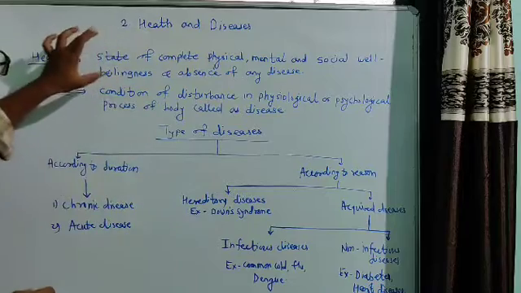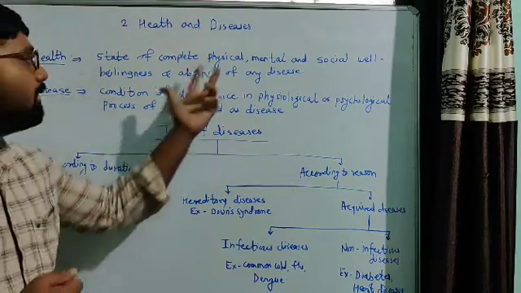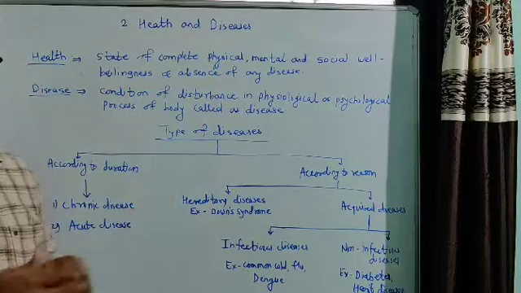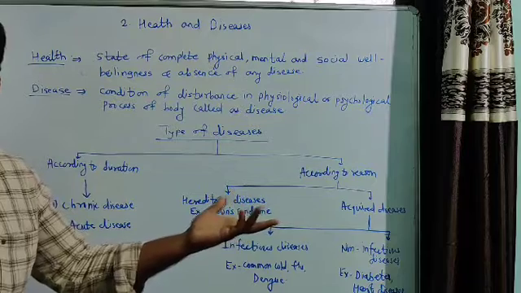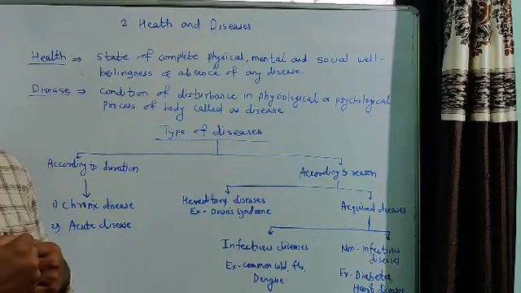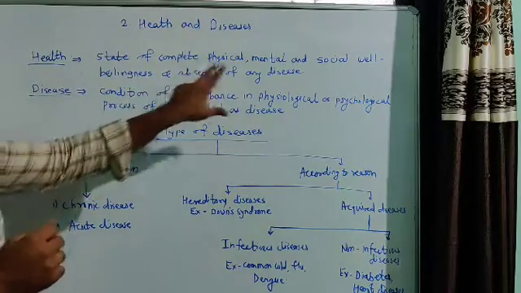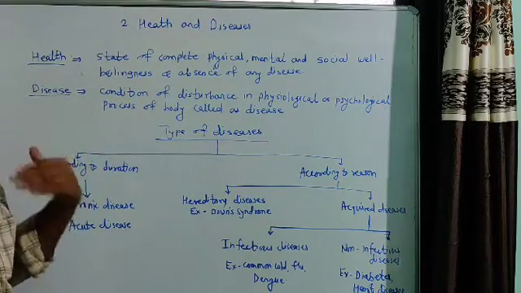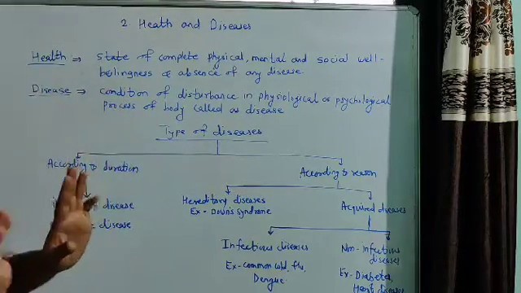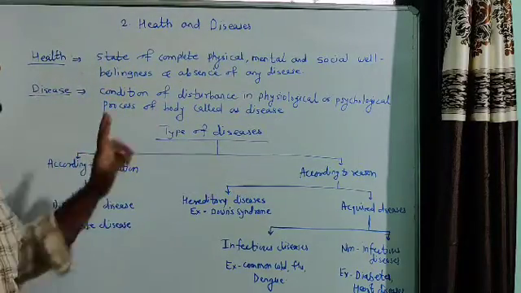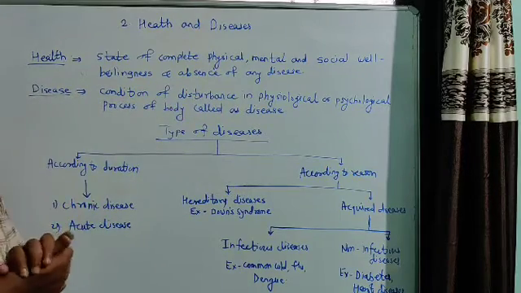You have to remember, when we get sick, our physical condition gets disturbed. We are not able to run or walk, because of the lack of energy in that period. In health, our physical condition is good, our mental system is also good, with social well-being and absence of any disease.